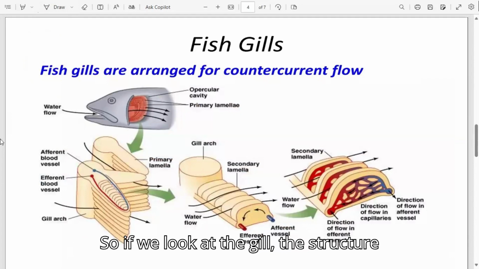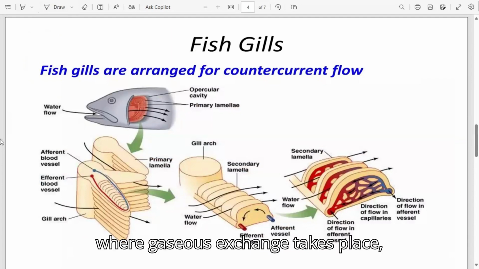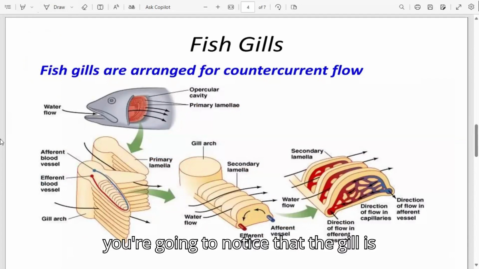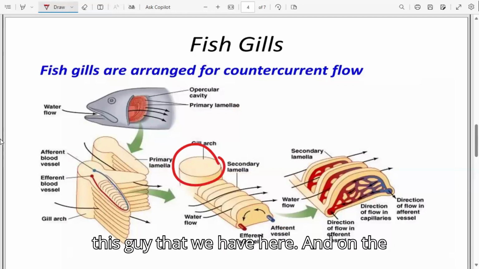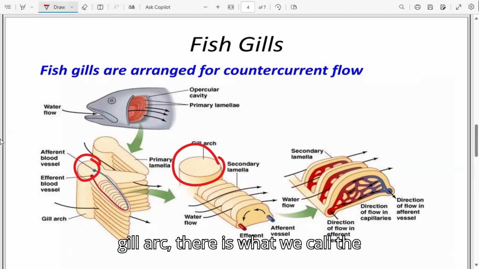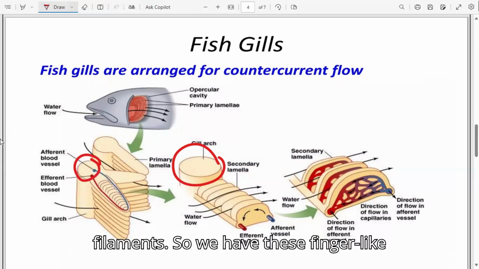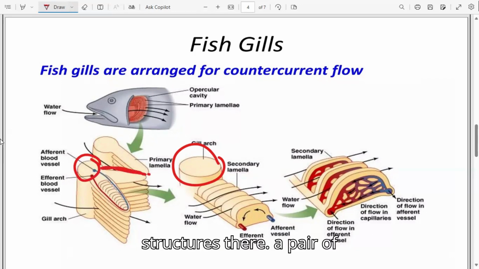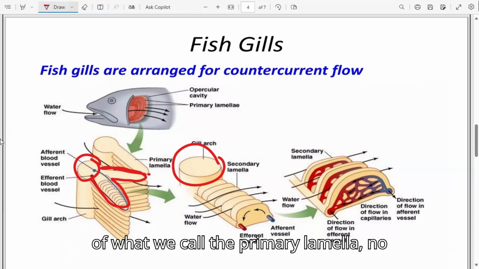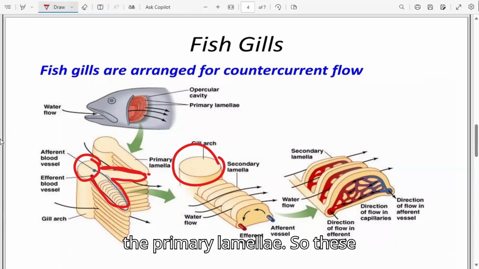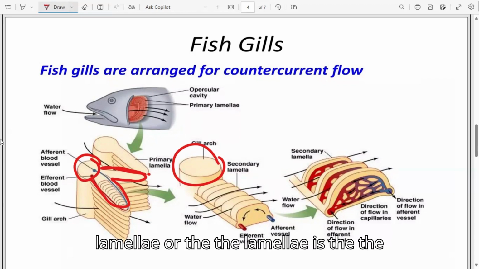If we look at the gill, the structure where gaseous exchange takes place, you're going to notice that the gill is supported by what we call the gill arc, this part that we have here. On the gill arc, there are what we call the filaments. So we have these finger-like structures, a pair of finger-like structures that we call the filaments. And the filaments are made up of what we call the primary lamellae.